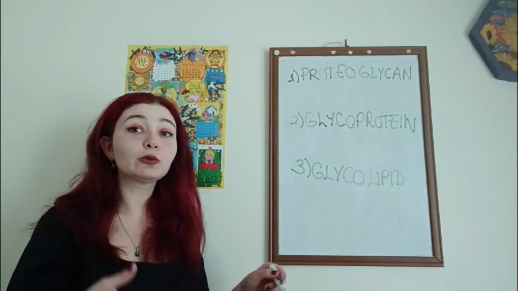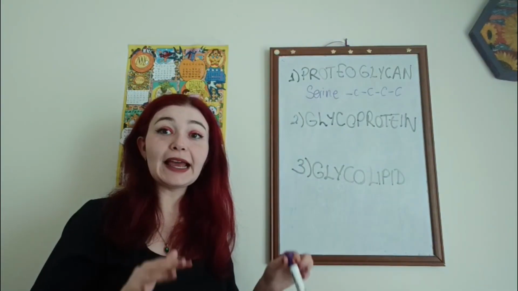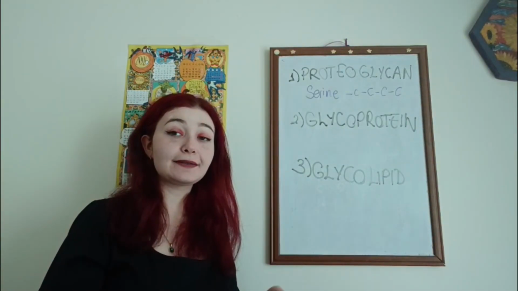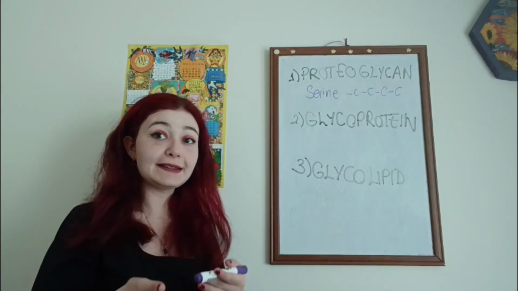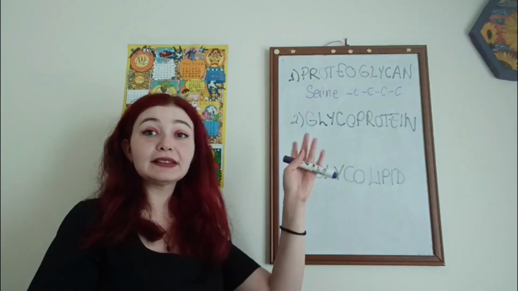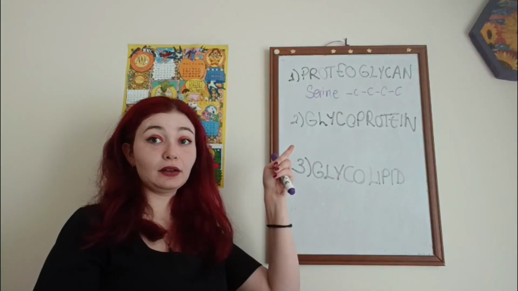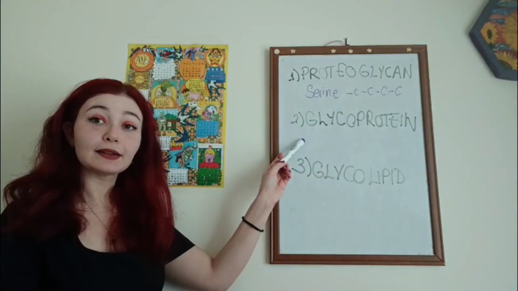But how do they attach? They don't just stick randomly. They use a highly specific tetrasaccharide bridge: glucuronic acid, galactose, galactose, and xylose, which binds to the serine of the protein. This is molecular engineering.